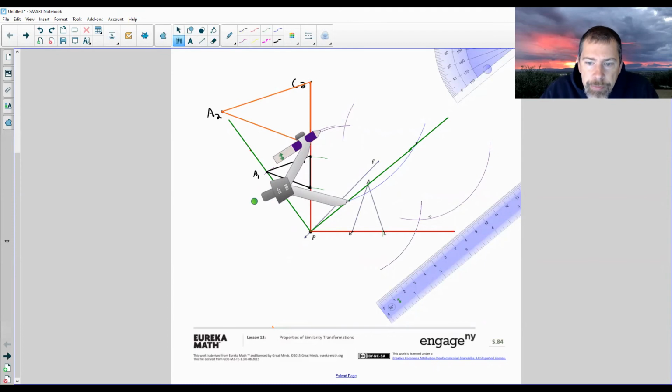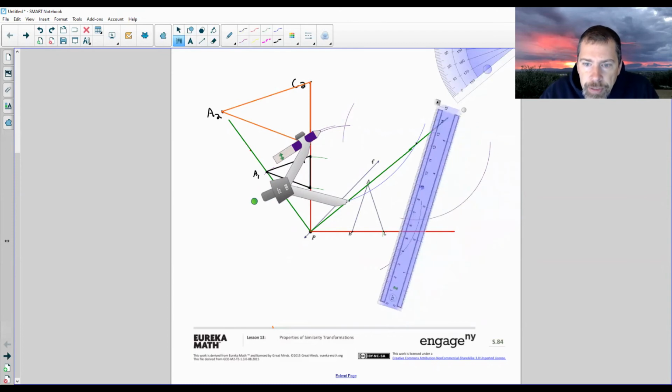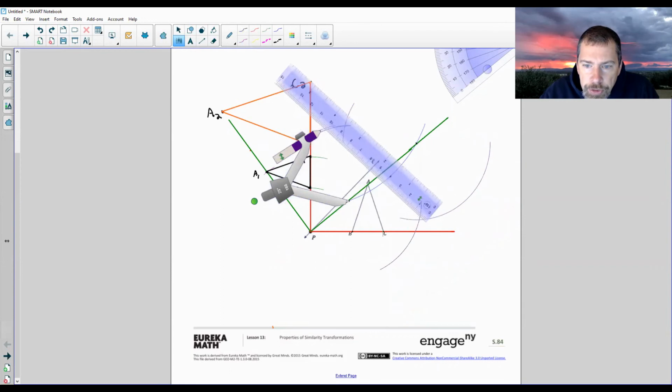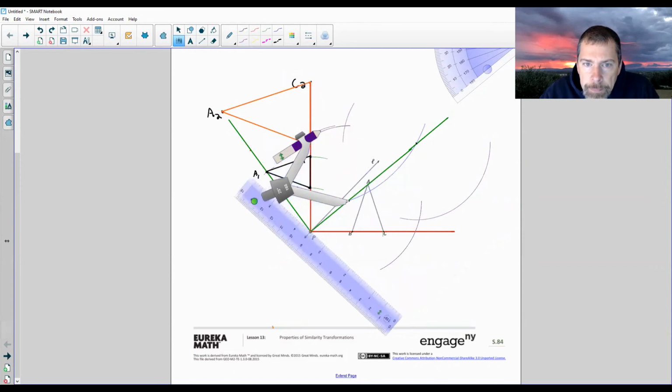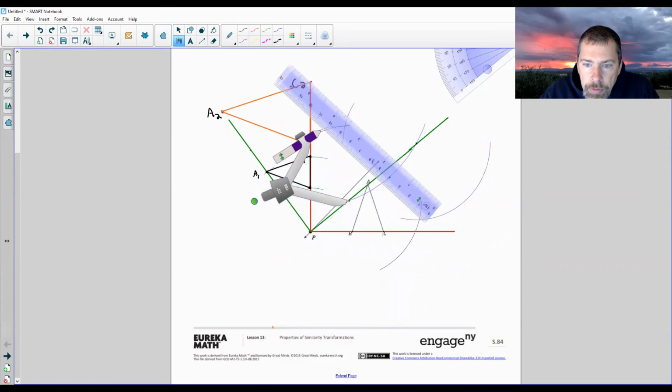Okay, so right there. So then I have my ruler that I'm going to draw my perpendicular.